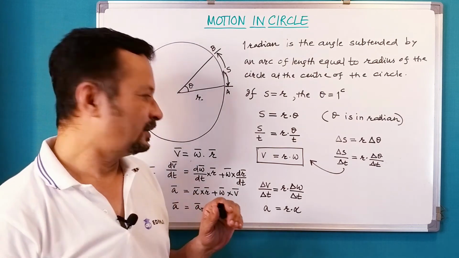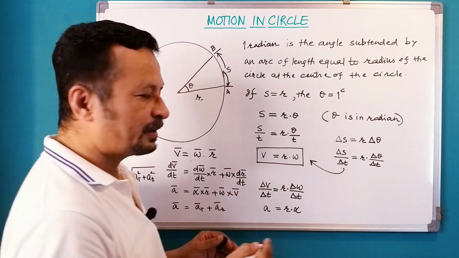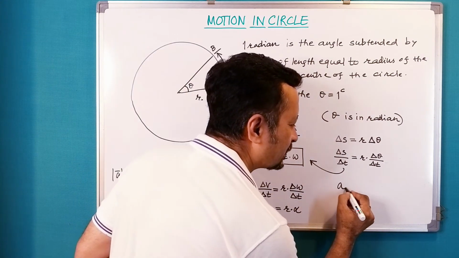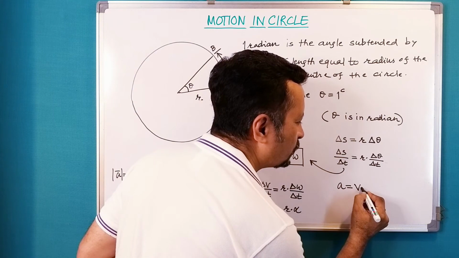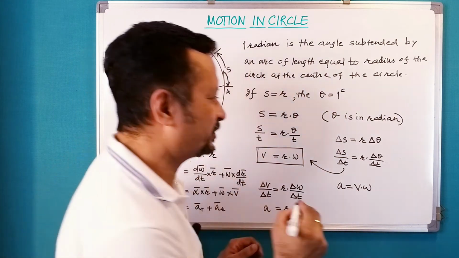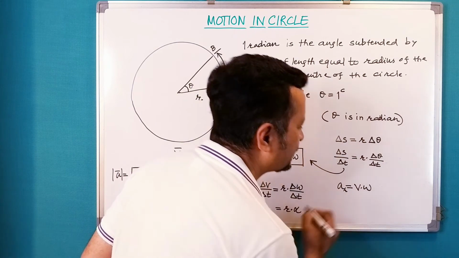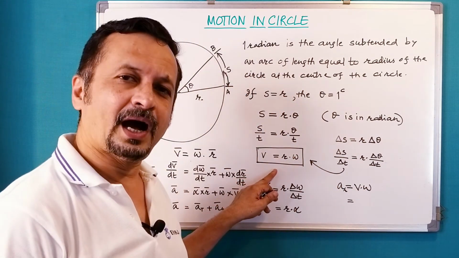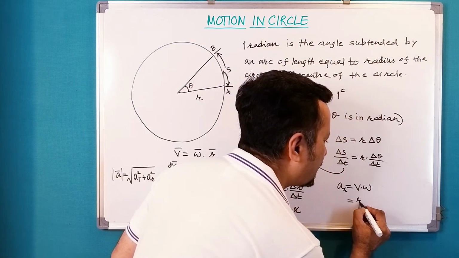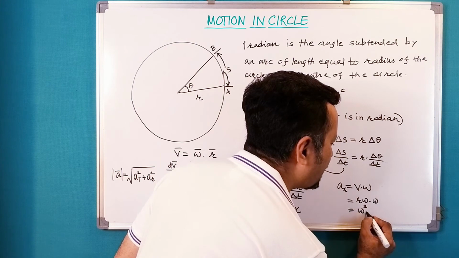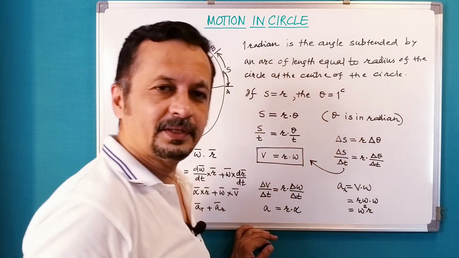Correct? So again, coming back to this expression, A is equal to V omega, radial acceleration, I am calling it A R. But then what is my V? Is it not R omega? So that would be R omega into omega, so that would be equal to omega square R, isn't it?